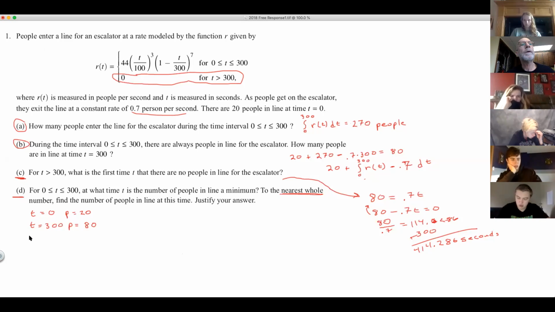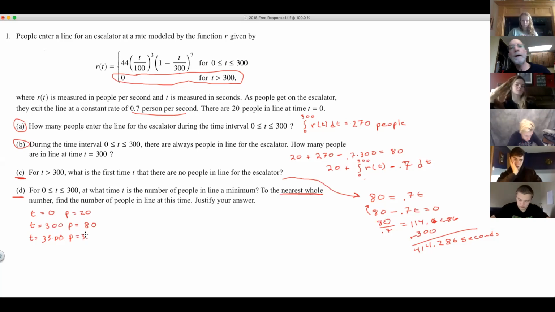I'm going to write down t equals 33.013. Was that my time? Yeah. And my amount of people was 3.803.